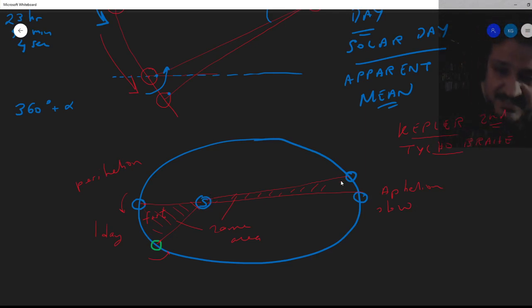So this means that the point over here, which I'm going to mark again, let's say the sun is right above us, we see it. After 1 day, this point will be over there. Because remember, the rotation speed doesn't change, but the revolving speed around the sun changes.